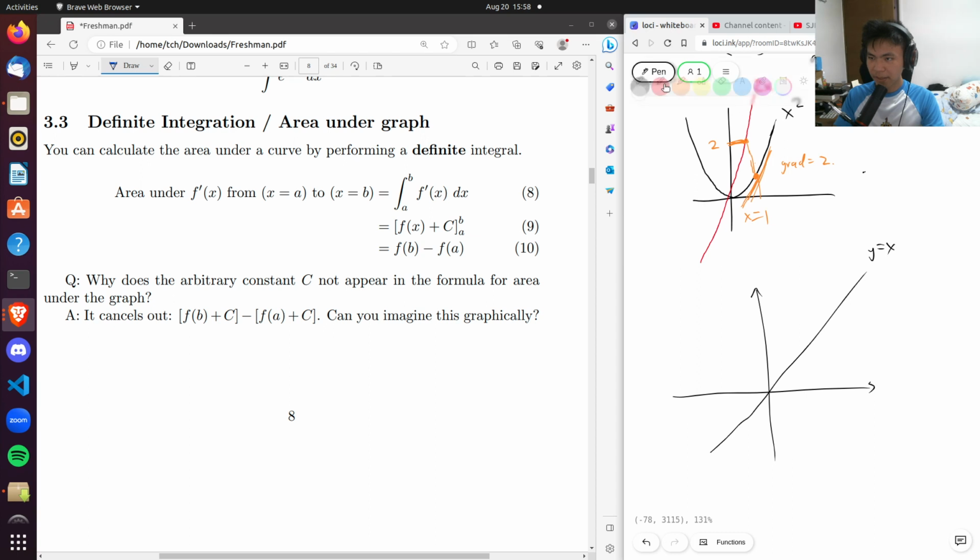And if I want to find the area under the graph for, let's say, x equals 1 to x equals 3, we can see that for this linear graph, it is easy to calculate the area under the graph because the area under the graph is just the area of this trapezium. And we know the area of the trapezium is just half times height times the sum of the two bases.